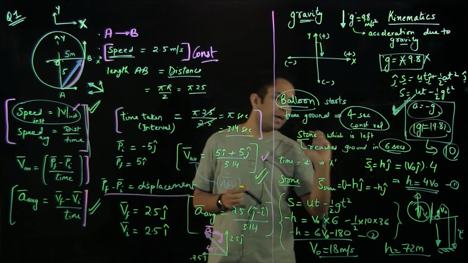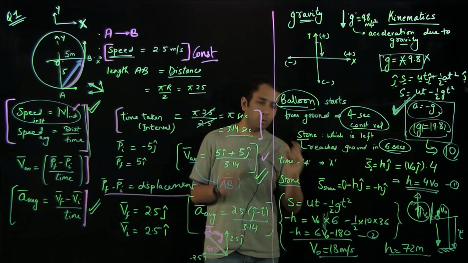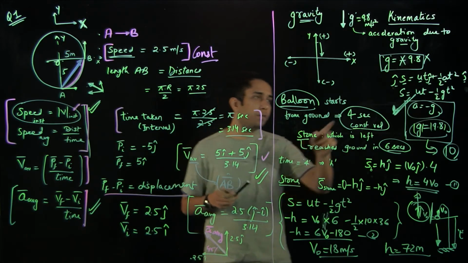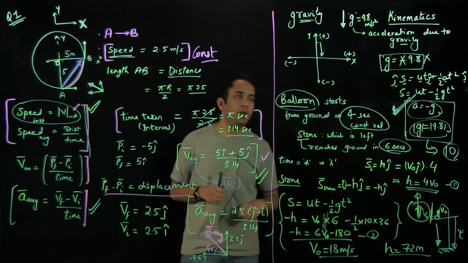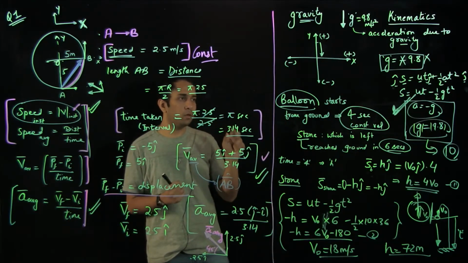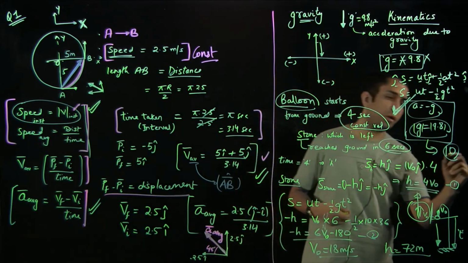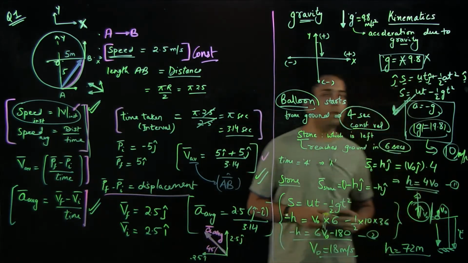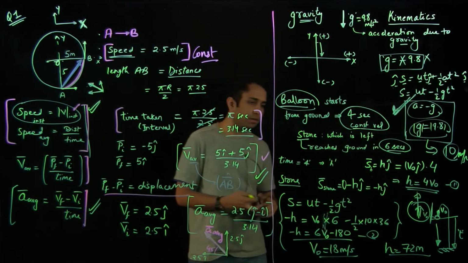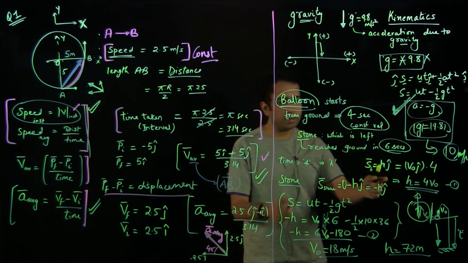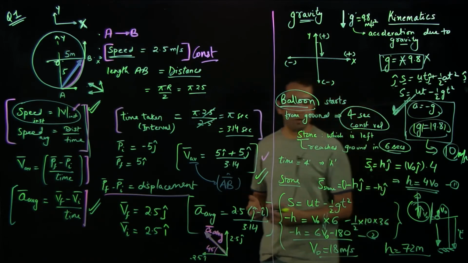Because we knew the time period, we were inclined to use the second equation of motion, which was s equal to ut plus half at square. We discussed that a has to be put as minus g, because g is always acting in a downward direction, and g, because it's a magnitude, has to be put as either 9.8 or 10 meter per second square, as per what has been given in the question or as per the convenience of finding the correct answer. Then we found two equations in h and v naught, and used them to find the value of v naught and h.